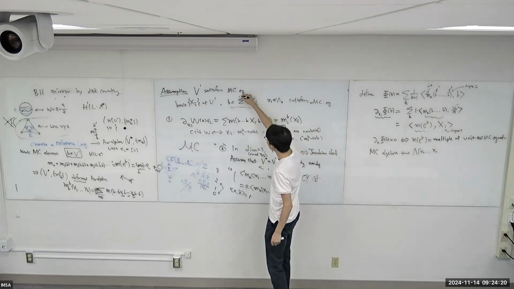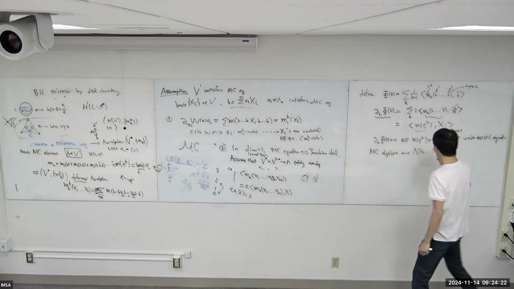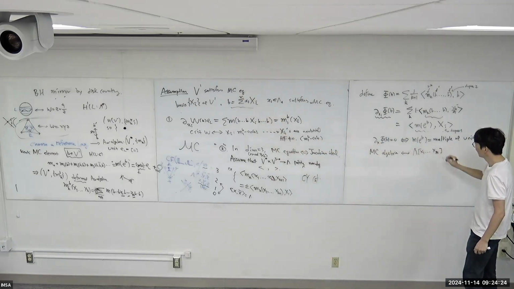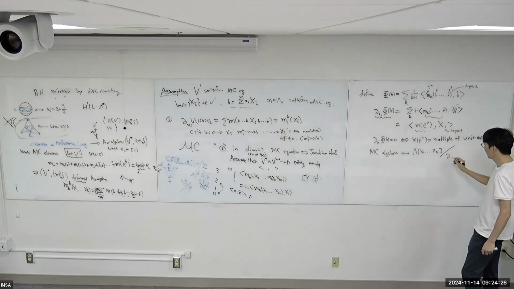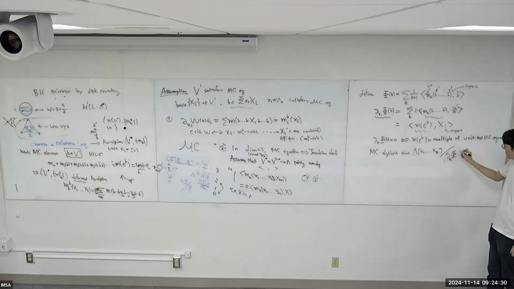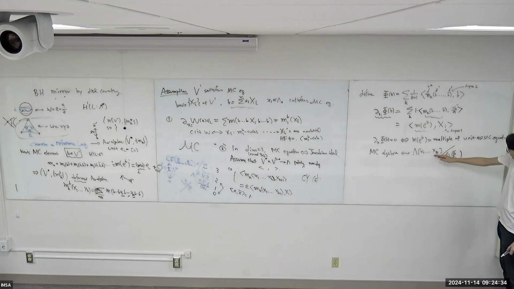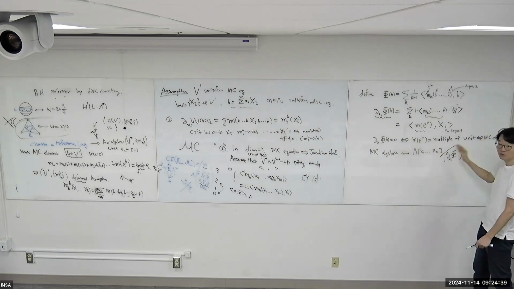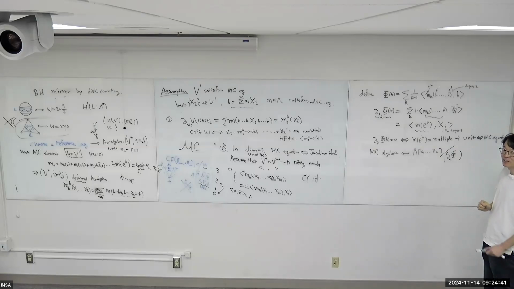If these have degree m, and you restrict to the region where this vanishes, then this Markov-Tan equation will hold true.